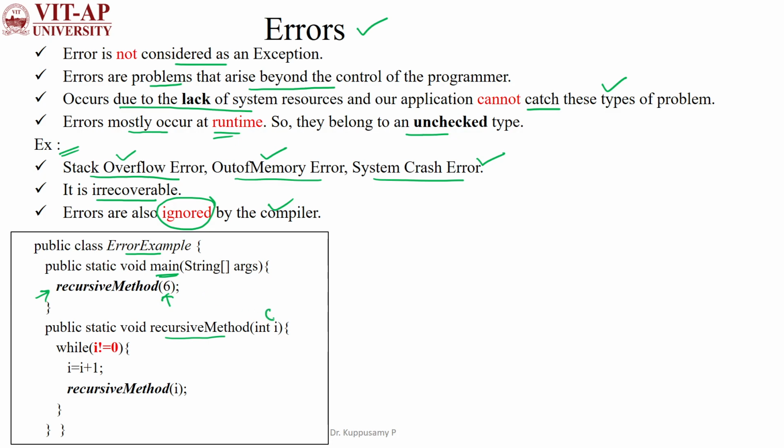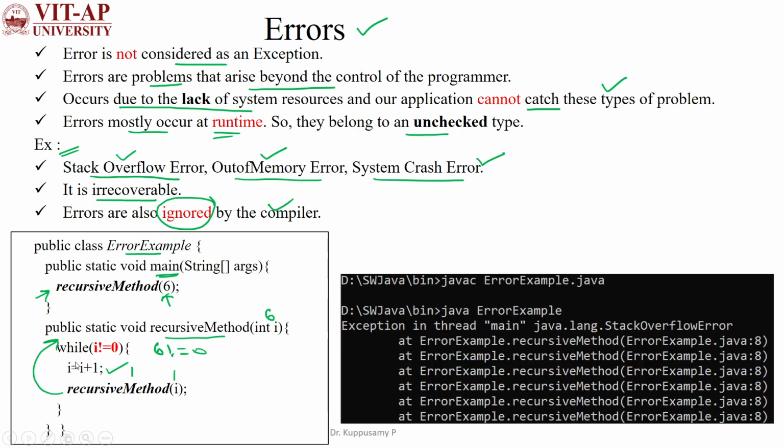Here 6 is the value we pass; 6 not equal to 0 is true, then we increment by 1 and make the recursive call, calling the method again and again. This issues an error, which cannot be controlled by the programmer or solved by the software developer during coding time.